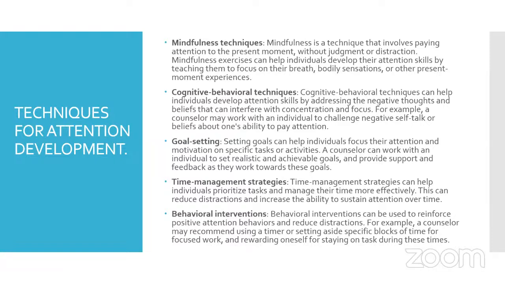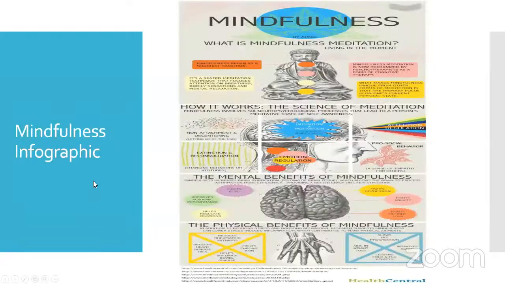Now, next slide. This is a mindfulness infographic, a text infographic. In this infographic, what is mindfulness meditation? Living in the moment, like I told you, here and now. Mindfulness began as a Buddhist tradition.